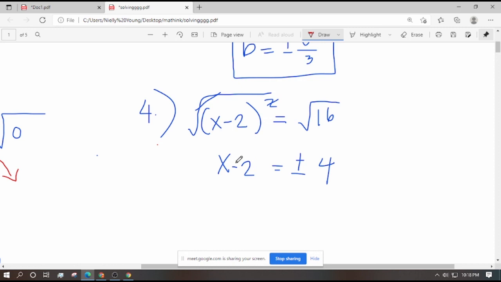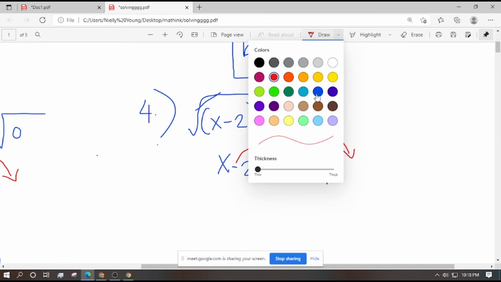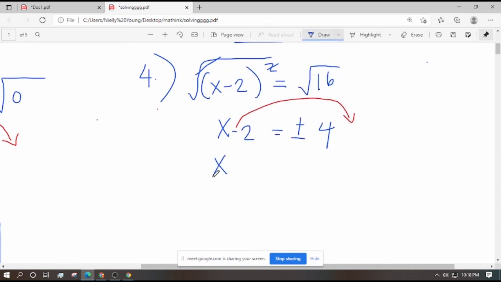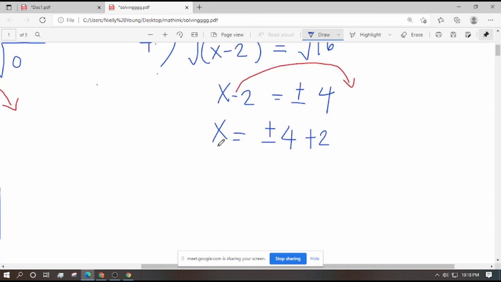Okay? So, negative 2 transposed to the right side becomes positive 2. From negative to positive. So, x is what remains, equals positive and negative 4 plus 2. Okay. x has two values here, because of positive and negative. Then, it also has plus 2.